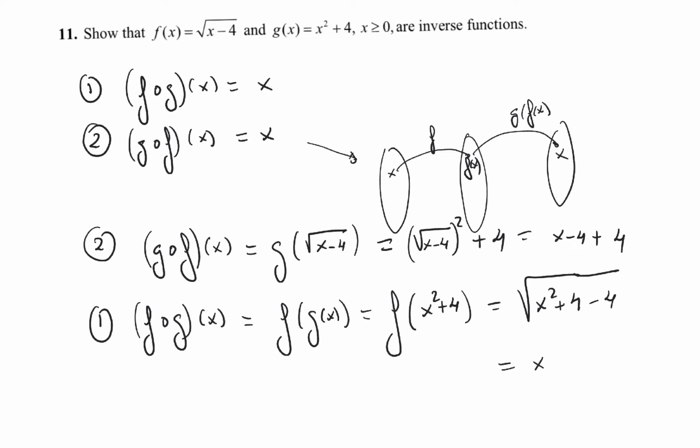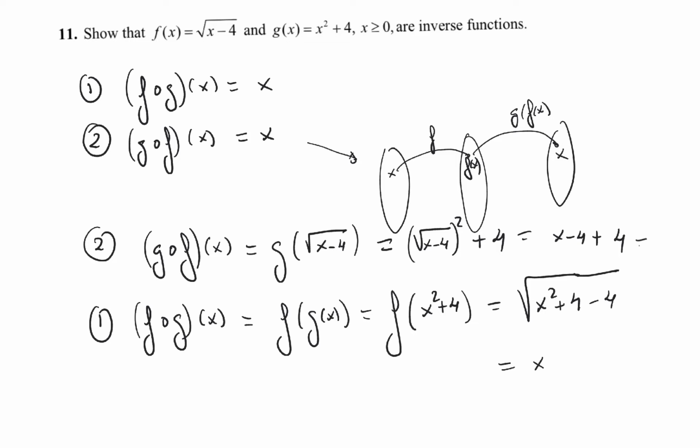the composition of g composed with f. g composed with f of x is g of f of x, but f of x is a square root of x minus 4, and g of something is something squared plus 4. Something squared is the square root of x minus 4 squared, is x minus 4, plus 4 is x.